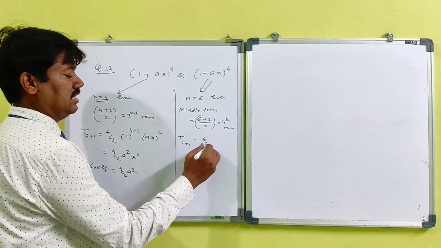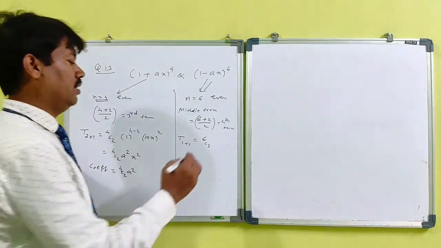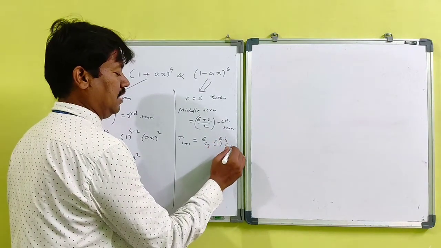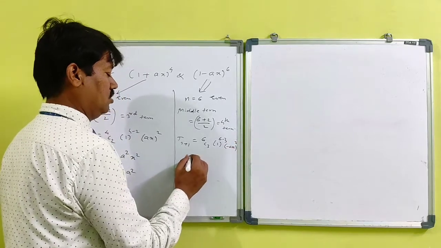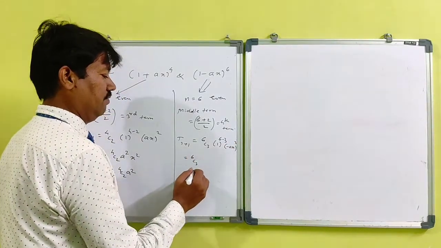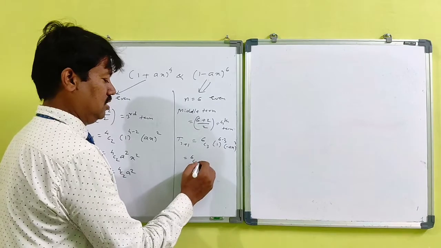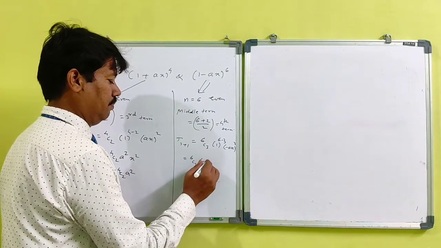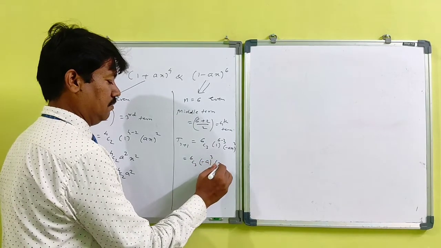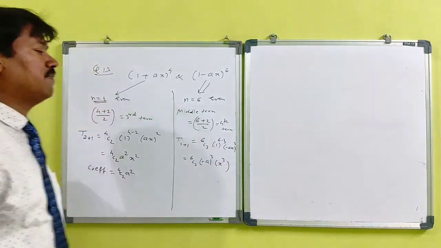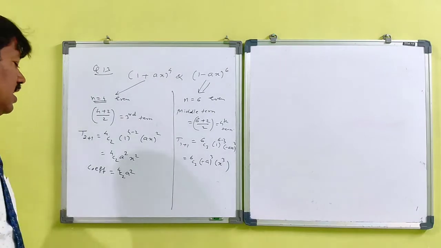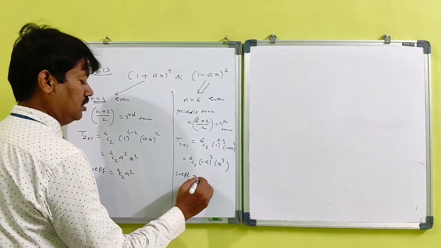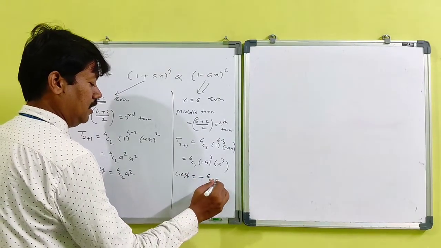So it is 6c3, 1 raised to 6 minus 3 and minus ax raised to 3. So that is 6c3, x minus a cube x cube. Now what is, as per the given condition? The condition says the coefficient is minus 6c3 a cube.